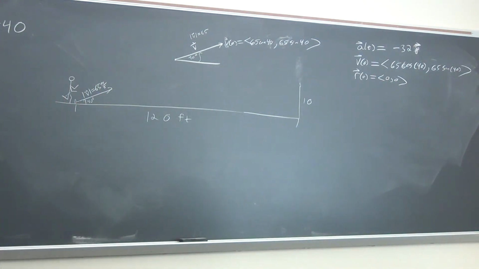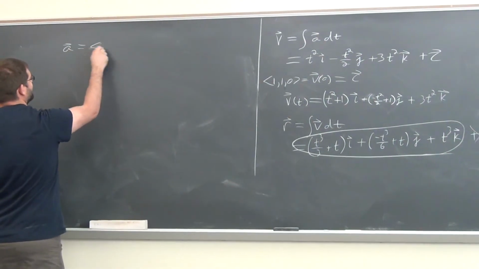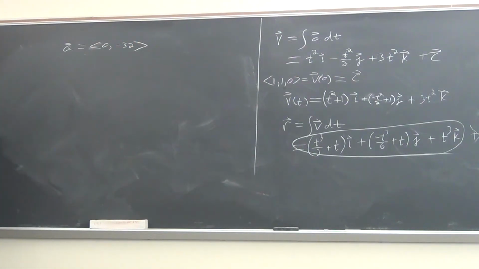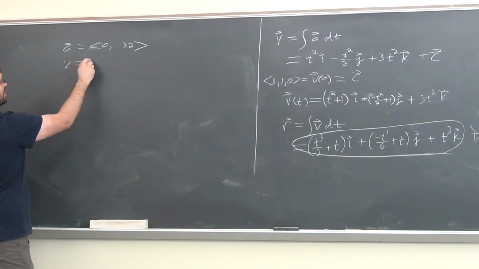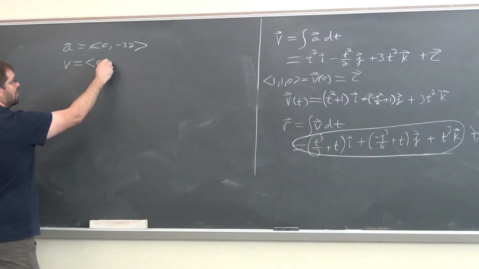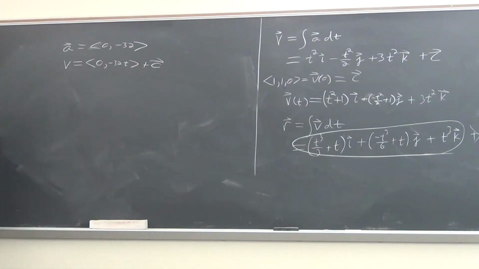And so now we just start marching through this problem. If acceleration is 0, negative 32, written in the form we had before, then what is velocity? It's 0, negative 32t plus some constant.